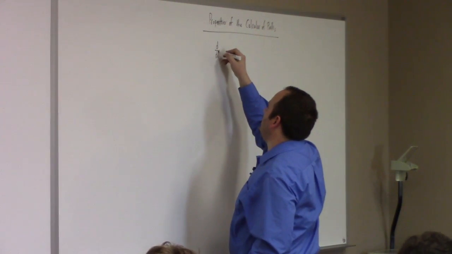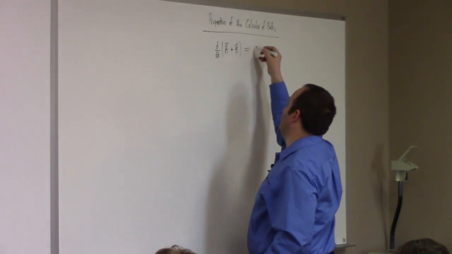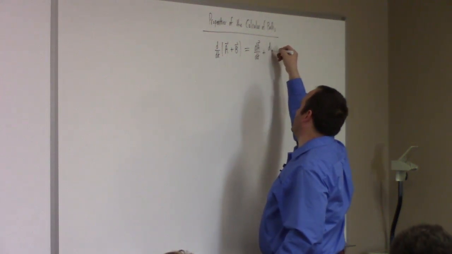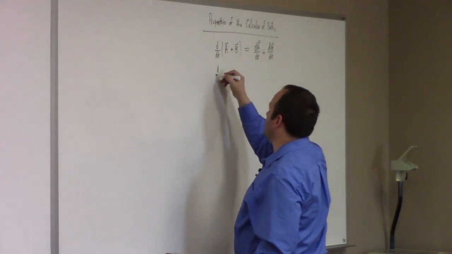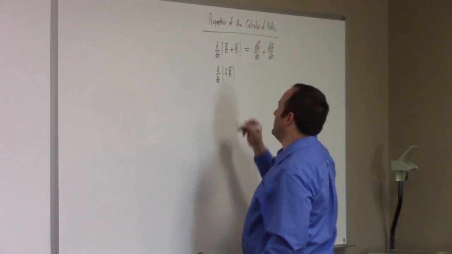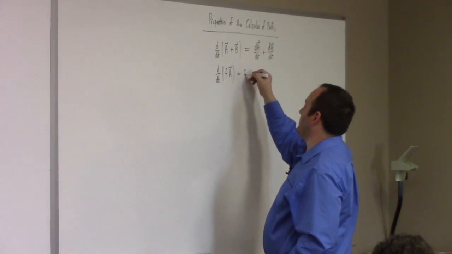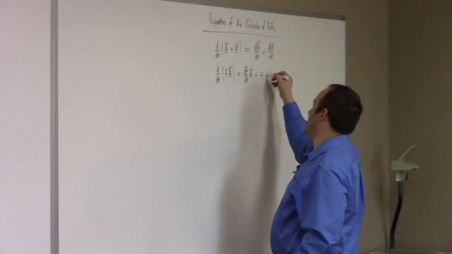If I have d/dt of a sum, guess what? It's the sum of the derivatives. Nothing terribly surprising there. This one's a little bit surprising. If I take a function f times a vector a, you get a kind of product rule. What you get is the ordinary derivative of f times a plus f times the derivative of a.